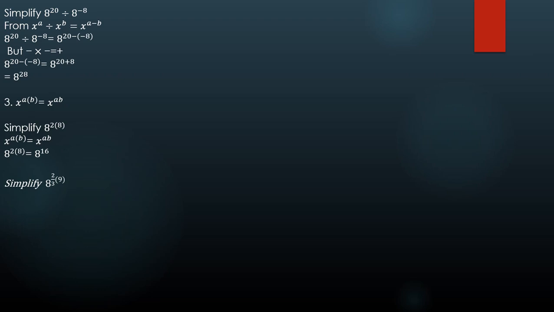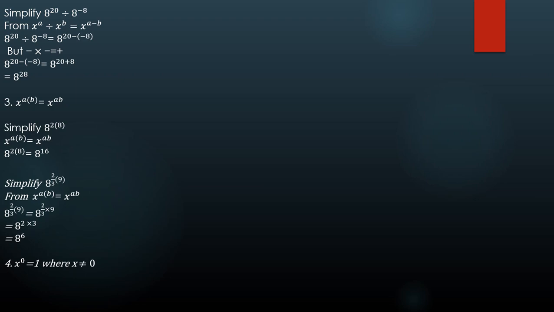In this situation, we can multiply the fractional power by the whole number. So we have 2 over 3 times 9, which means 18 over 3, because 2 times 9 is 18. 18 divided by 3, by your calculator, you should have 6. So our answer is 8 raised by 6. As easy as that.